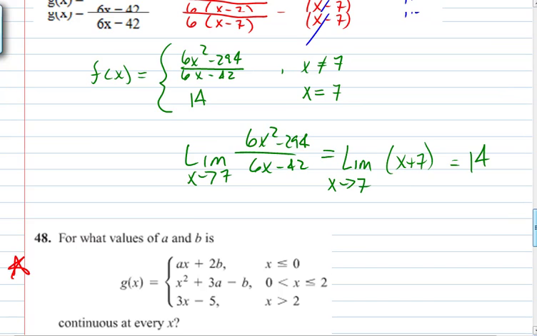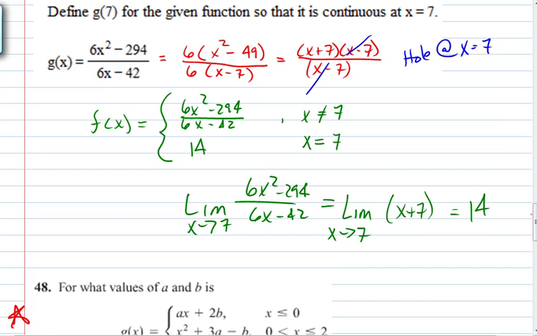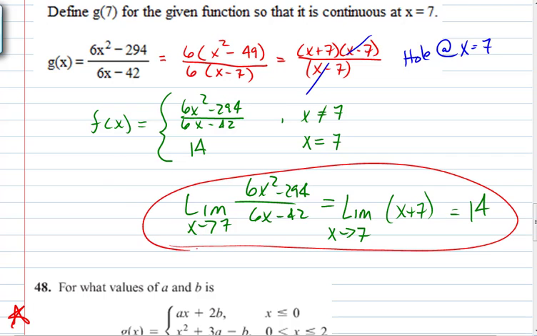Oh, by the way, I didn't fully summarize all of this. What all of this means is that when x is equal to 7, g of 7 should be equal to 14 in order for g to be continuous.